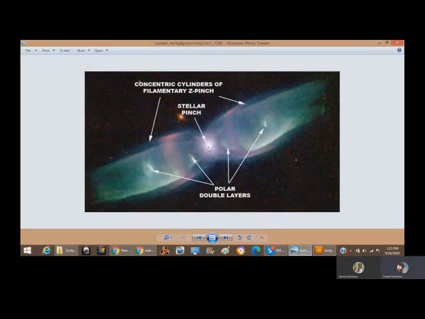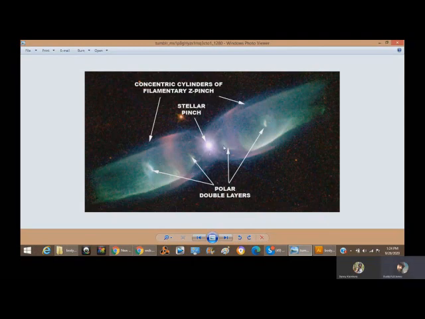So you can see there's the pinch, and there's the hourglass shape. And this is, you know, the polar double layers. Here's the concentric cylinders of the filamentary Z-pinch, the concentric collimated structure coming off here.